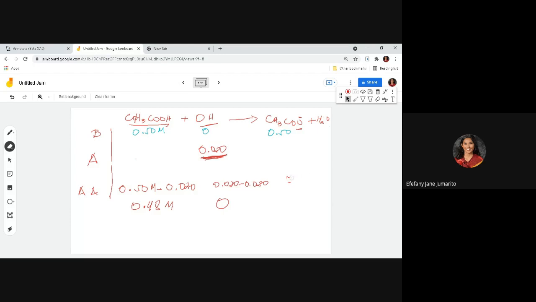Now, remember, go back to your kinetics: the reactant is consumed, the product is formed. The reactant becomes less, the product becomes more, plus 0.020. So after addition, how much will we have of your CH3COO minus ion? Plus 0.50.